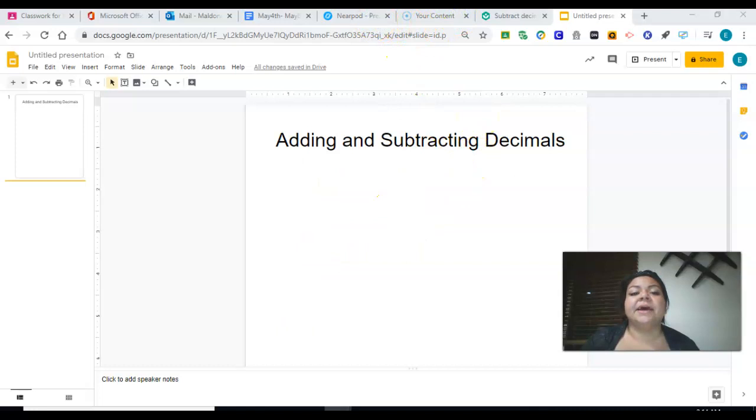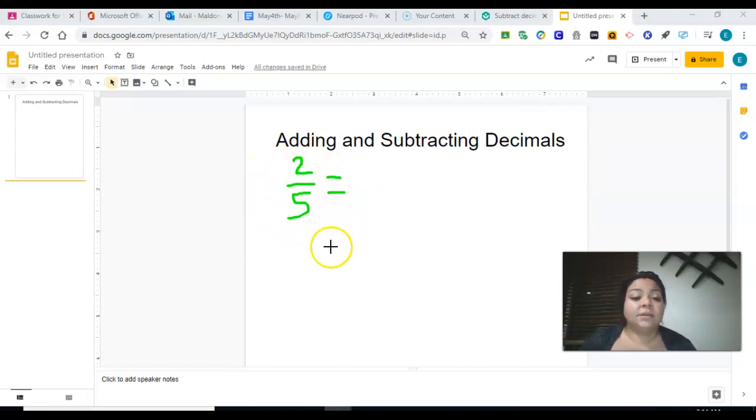Let's say now that you have a fraction that has a 5 in the denominator and a 2 in the numerator, that's 2/5. And you want to convert it to a decimal.